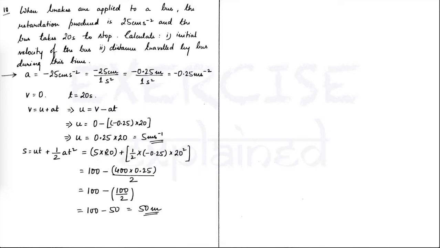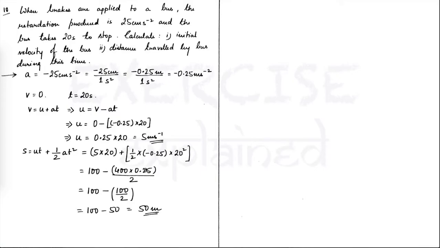So we get here 5 into 20 as 100 minus, because there's a minus sign, minus into plus gives me minus. 20 square is 400 into 0.25 divided by 2.